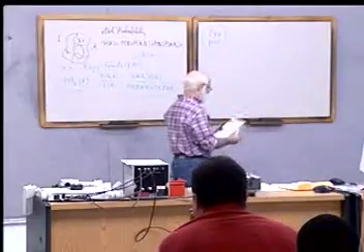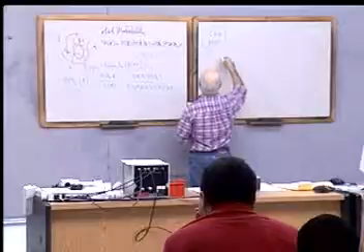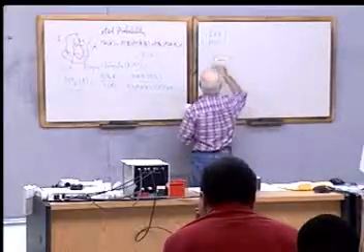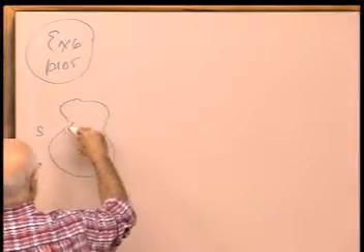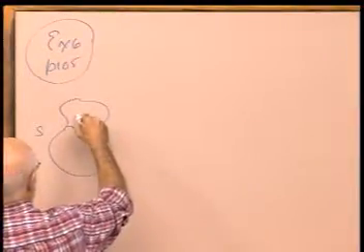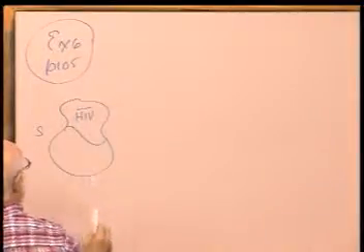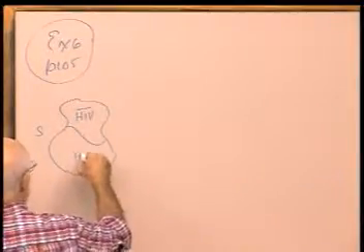So let me write this out in detail here. Here's our sample space S. And the sample space is divided into two pieces. Everybody in the population is either HIV negative, does not have HIV, or does have HIV.